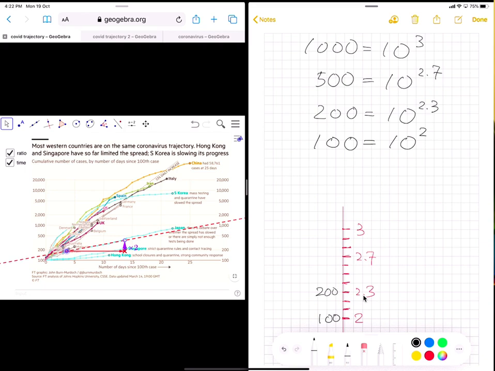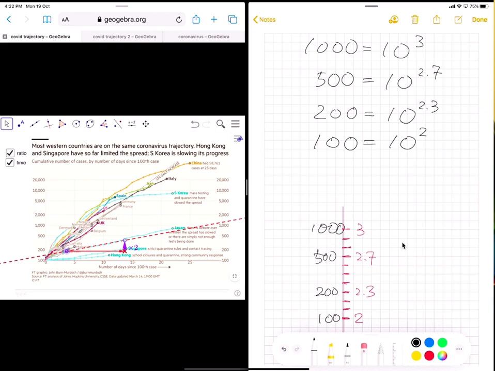So 200 on this scale will be positioned at this point 2.3. And similarly, 500, okay, put it at the point 2.7, and 1000, we put it at the point 3. Now, these numbers 100, 200, 500, 1000, it is just like in the original graph, how you see the numbers are positioned.